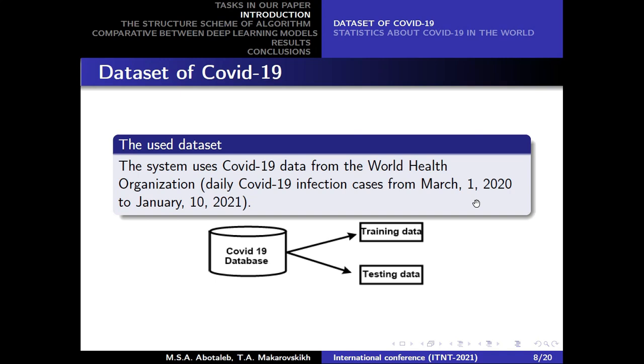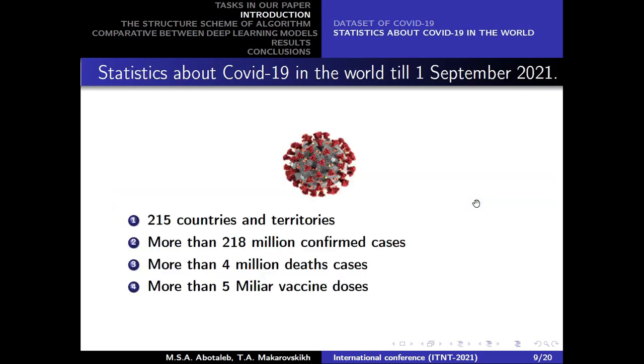Dataset of COVID-19. The dataset used is from the official website of the World Health Organization, with daily COVID-19 infection cases from the 1st of March 2020 to the 10th of January 2021. We also separated the COVID-19 dataset into categories: training data and testing data.